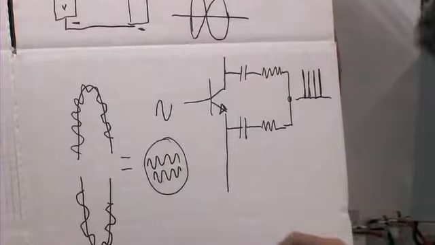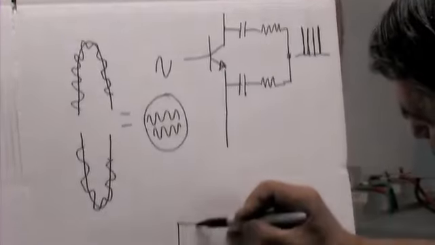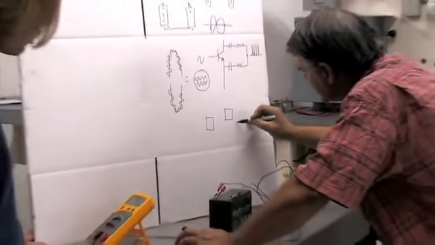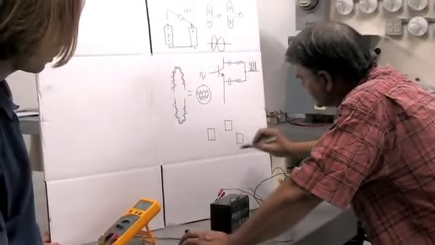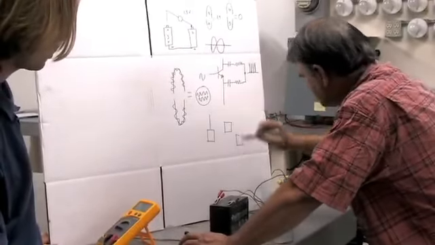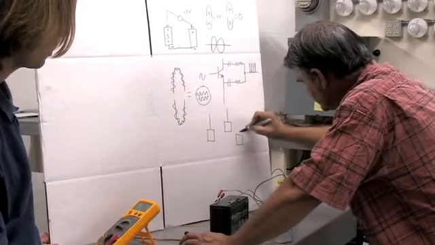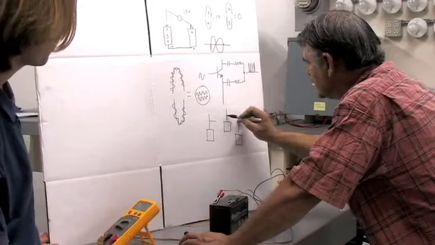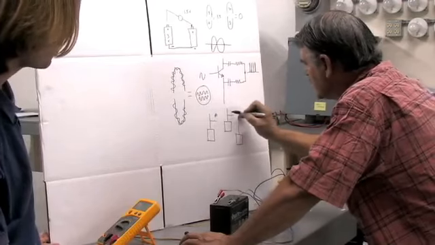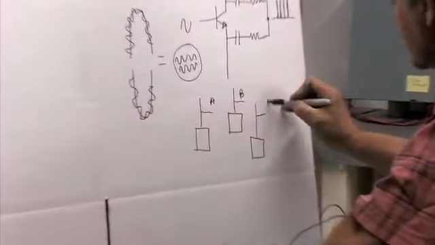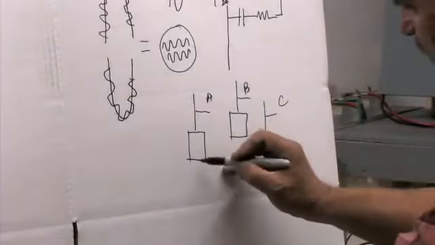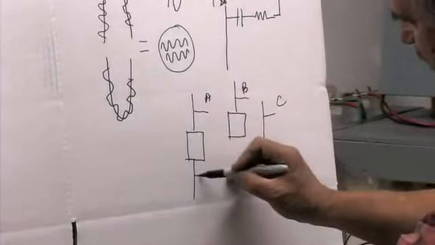So suppose we did a sophisticated circuit and there was a device here, and there was a device here, and a device here. And I pick off all these structures, A, B, and C. Okay, and they both have similar structures, right?